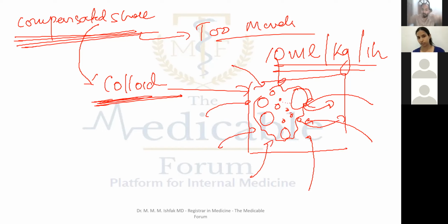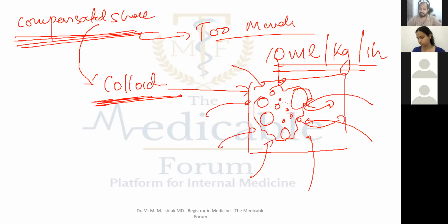Now that is why we give colloid, because colloids are volume expanders. You give it to the intravascular space, the fluid comes into the blood vessel, right?